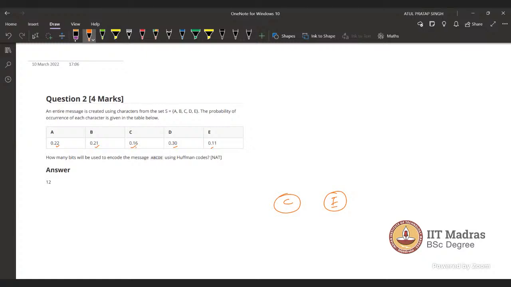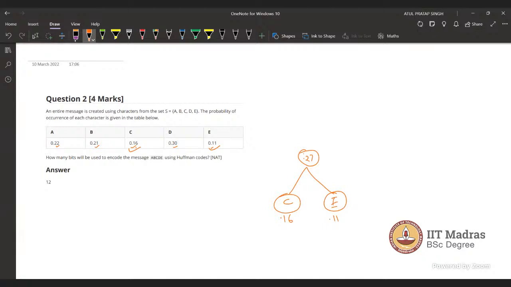So this value is 0.16 and this value is 0.11, and the new value is 0.27. There is no issue. Now we have selected the 16 part and the 11 part. Now check which are the next two smallest values. You have 0.22, 0.21, 0.30, and the new value 0.27.